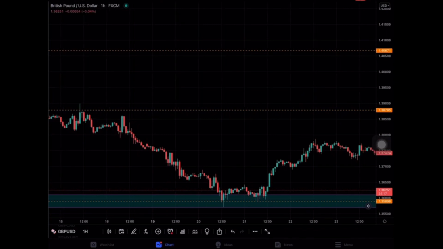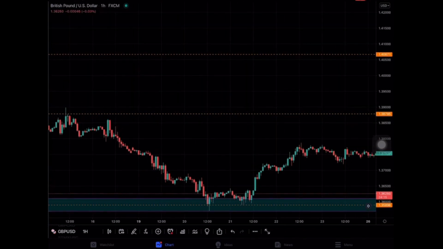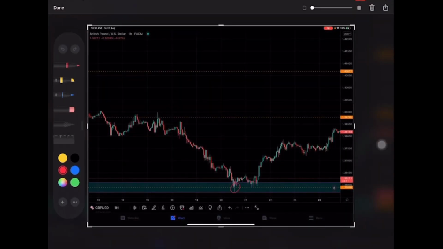As you can see here, when we buy for the first time, the price goes up but only a short distance. At the second time, when the price rejects at this level, it becomes a double bottom.